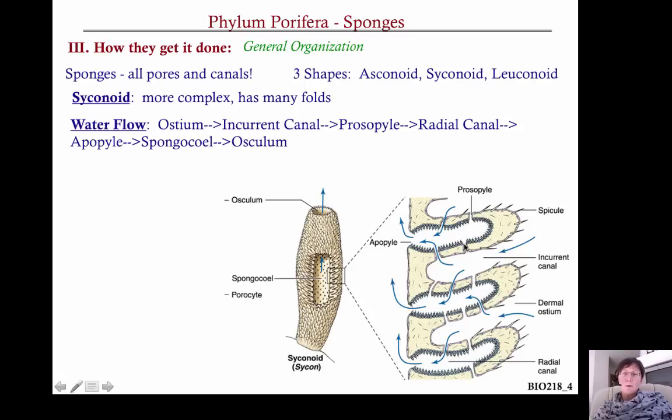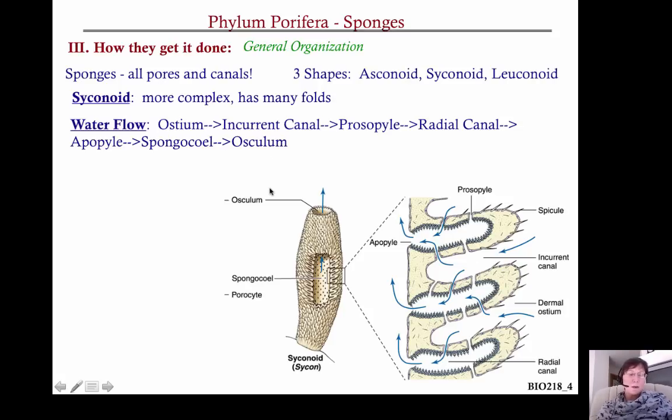Water goes in the prosopyle into this radial canal, then through this hole called the apopyle into the spongocoel, and then it goes up and exits through the osculum. So: into the ostium, in-current canal, prosopyle, radial canal, apopyle, spongocoel, and out the osculum.